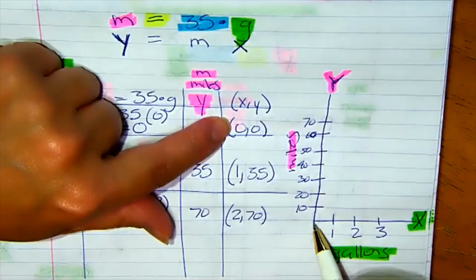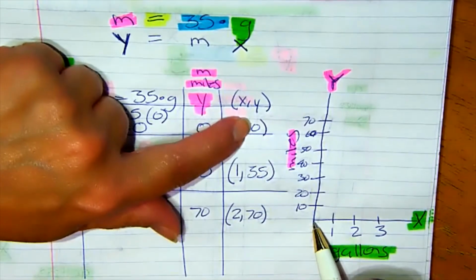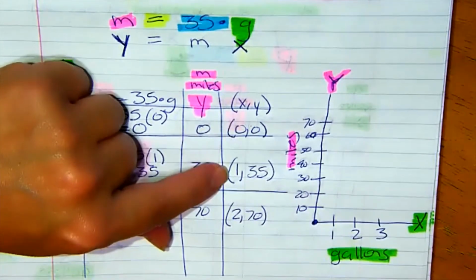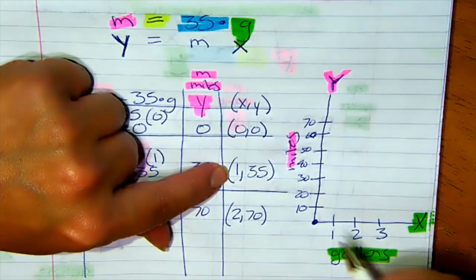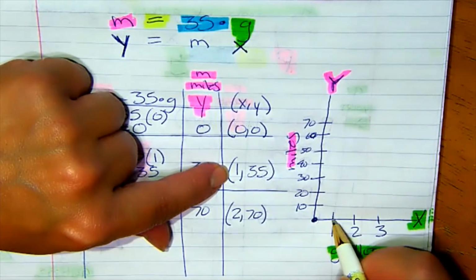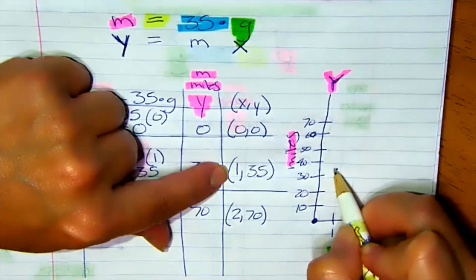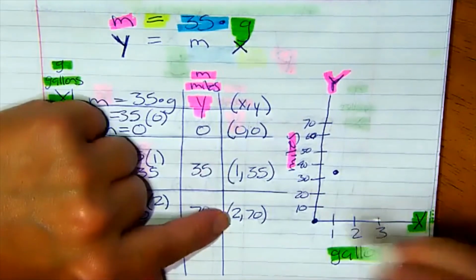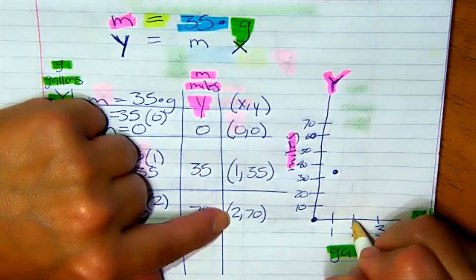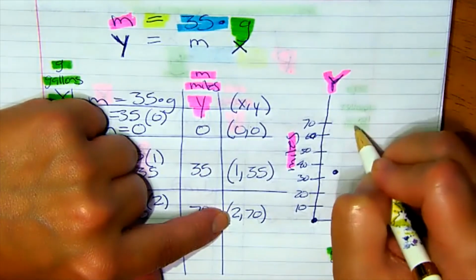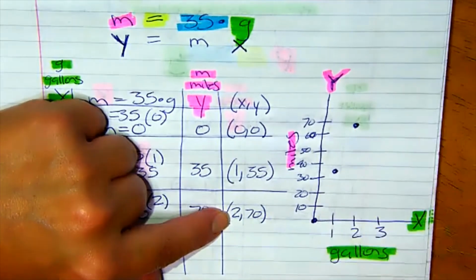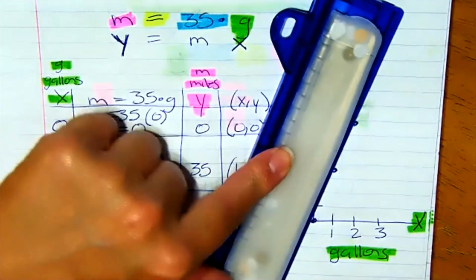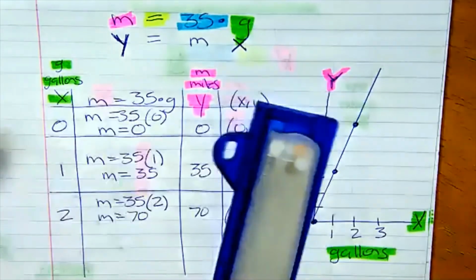So if I input 0 gallons, I get out 0 miles. If I put in 1 gallon, I get out 35 miles. If I put in 2 gallons, I get out 70 miles. Boom.